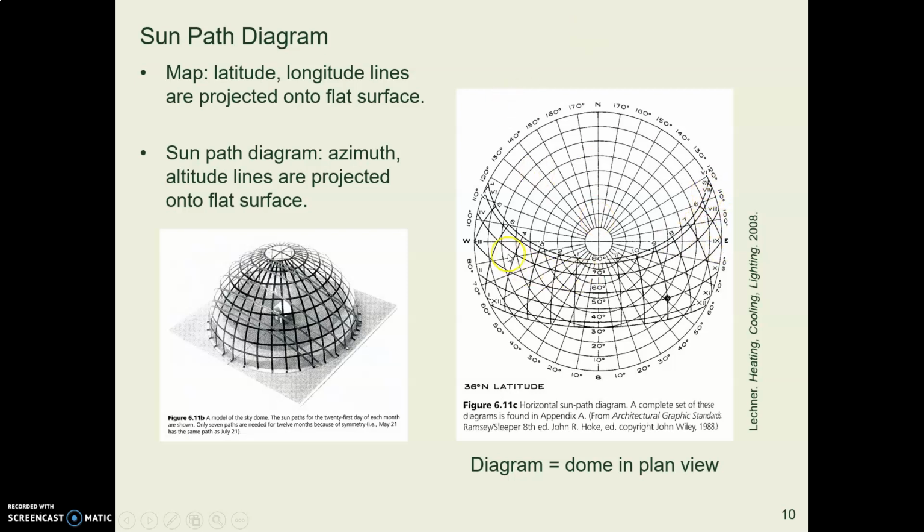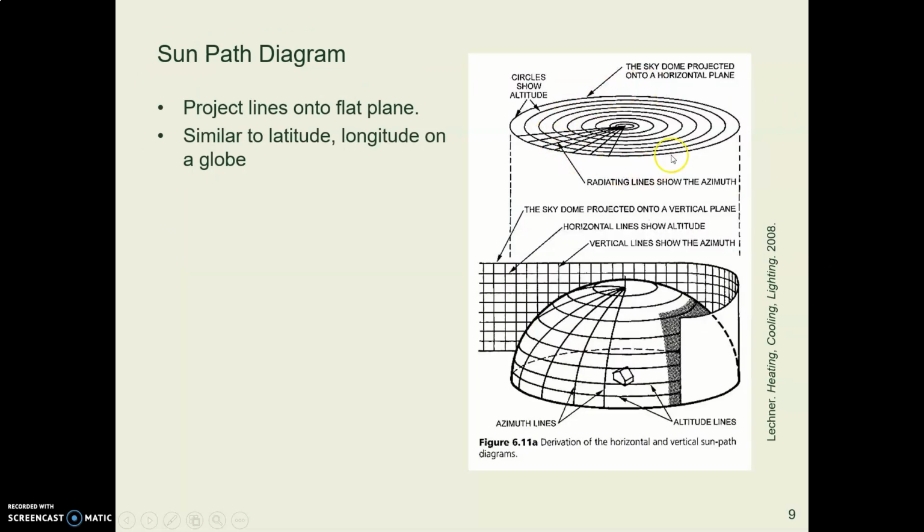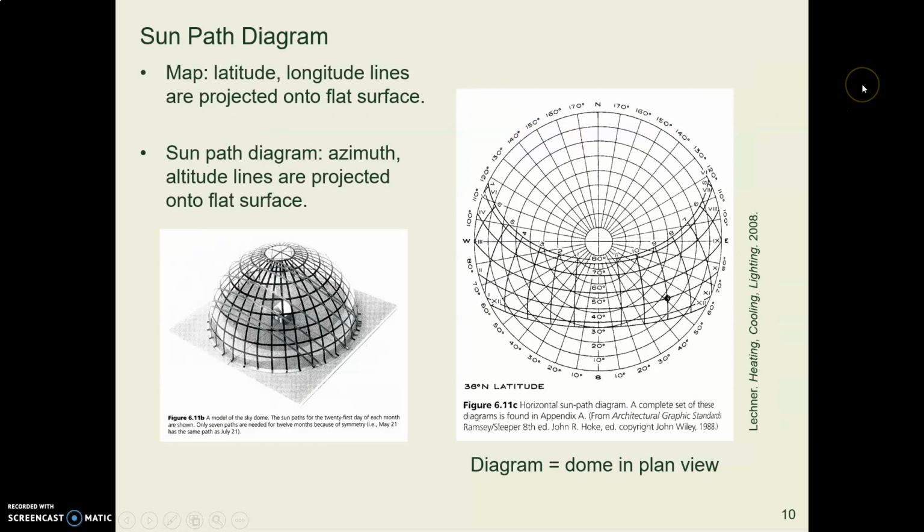For the moment, ignore this band through the middle of the circle and just look at that flat disk that we were talking about. Let me back up. Here's our flat disk with our circles that show the altitude on the dome and our straight lines, our radial lines that mark the azimuth angle.